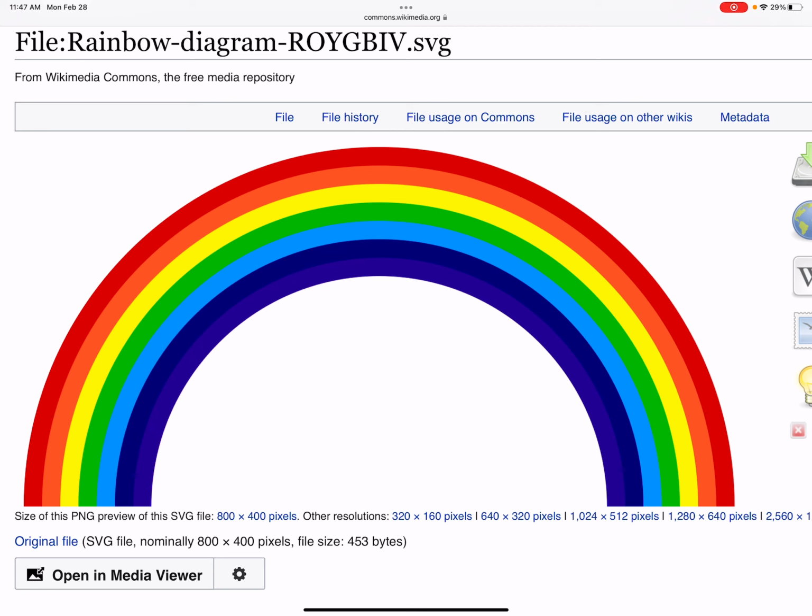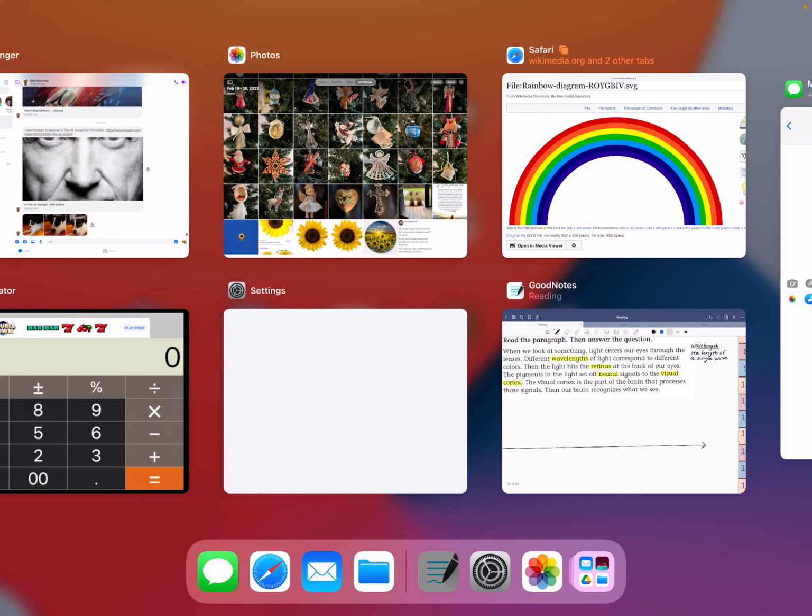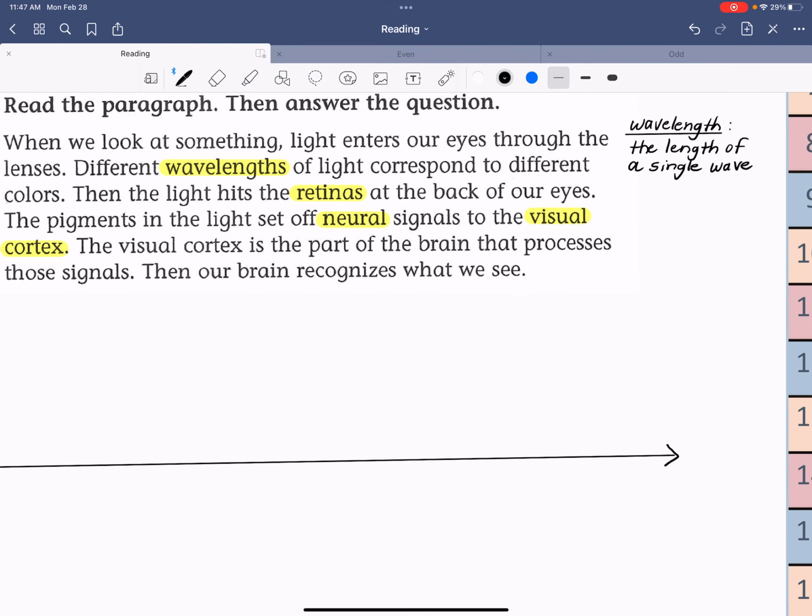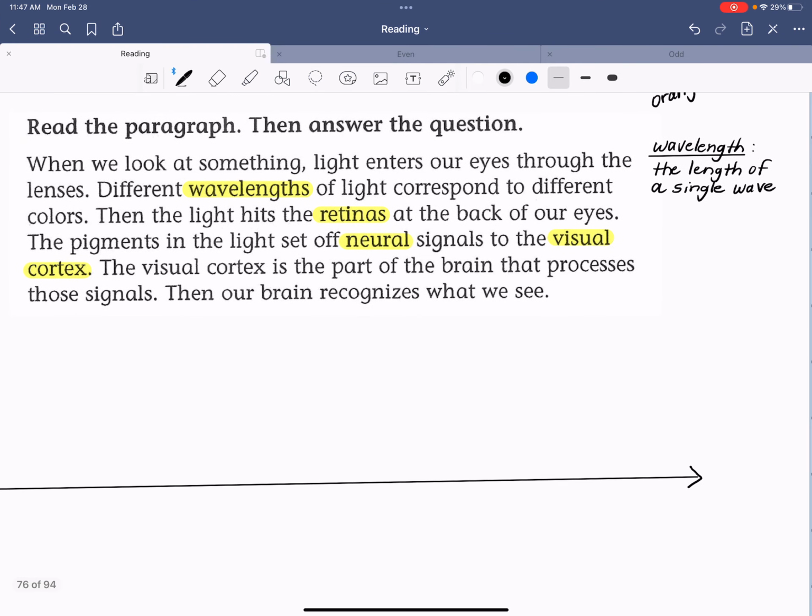Green is right between the longest and the shortest, and it will always follow this pattern. So the length of one red wave is longer than the length of one yellow wave. Red is always the longest of the wavelengths. So that's what we're talking about with wavelength in this particular story.